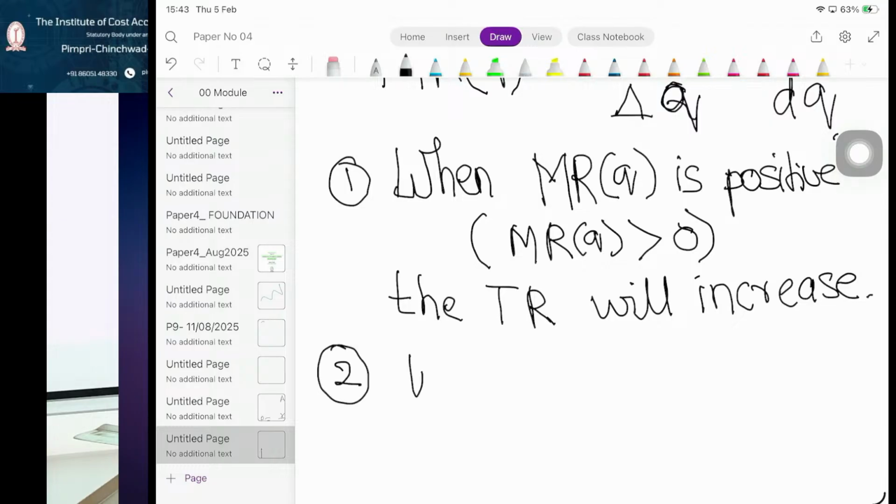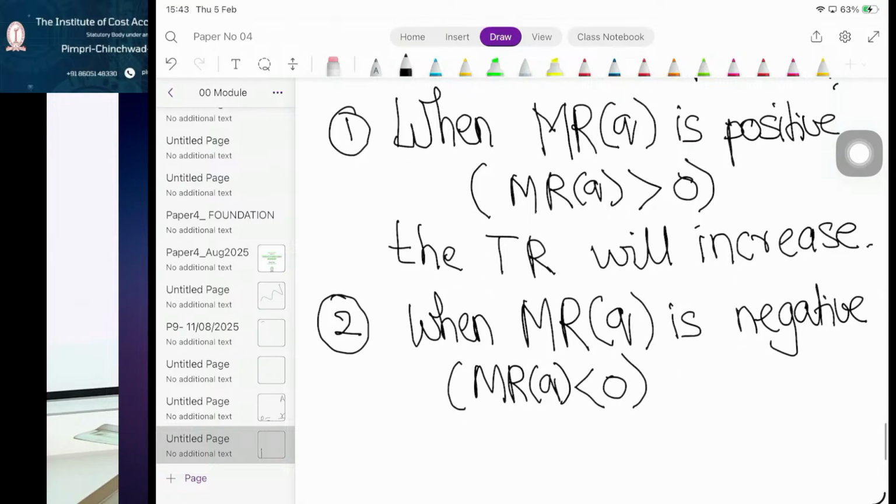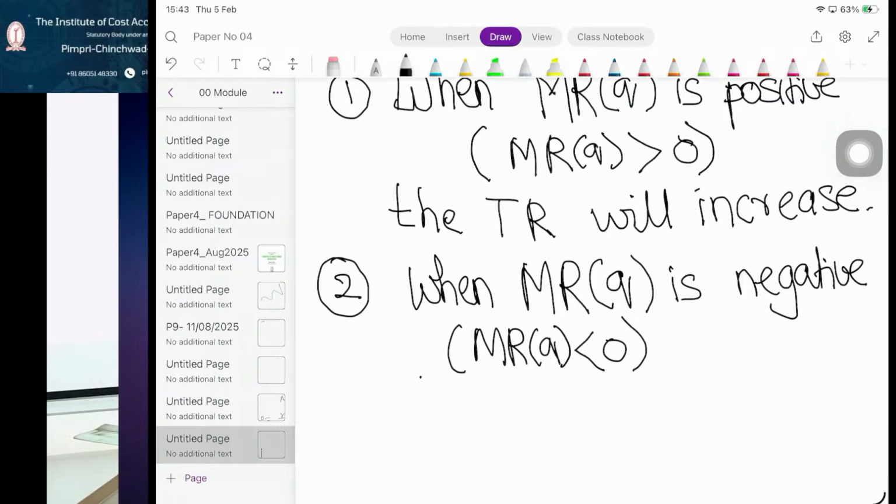When marginal revenue is negative, the total revenue will decrease.